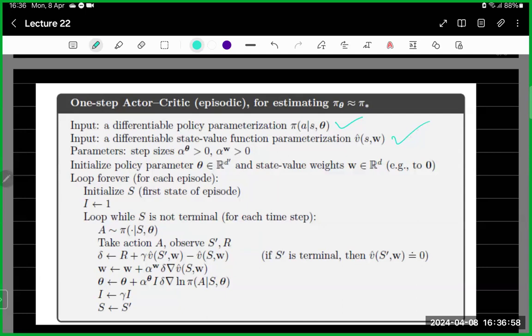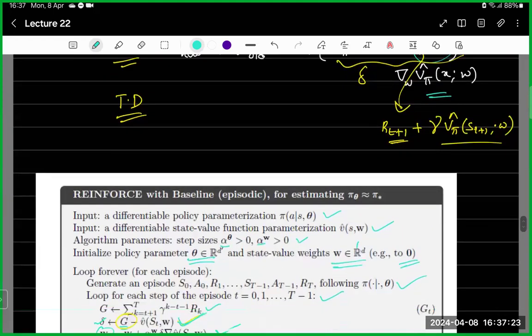Then it is the same here. You will initialize with some random initial weights, and then you loop over multiple episodes, and for each state, you can clearly see that this is an online algorithm, right? Because previously, what was the first thing we were doing?